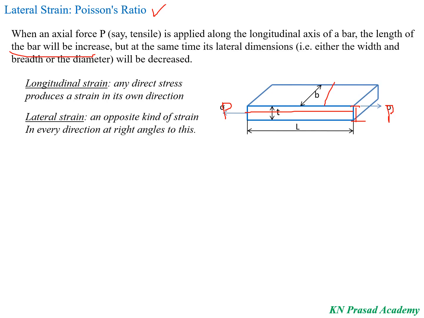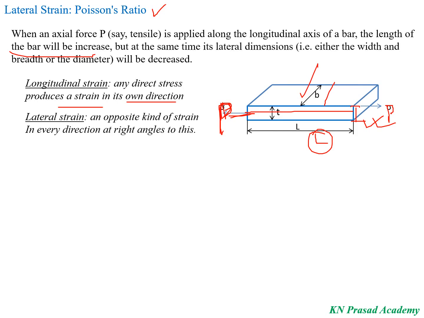So any direct stress produces a strain in its own direction, called the longitudinal strain, which means we are applying the forces in the longitudinal axis and this length will change. Similarly, when we are applying the forces in the length direction, the lateral dimensions, that is the width and thickness, will decrease. These kinds of strains we call the lateral strain.